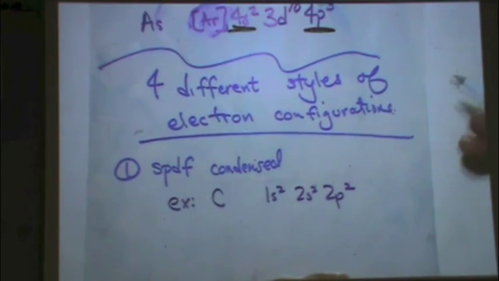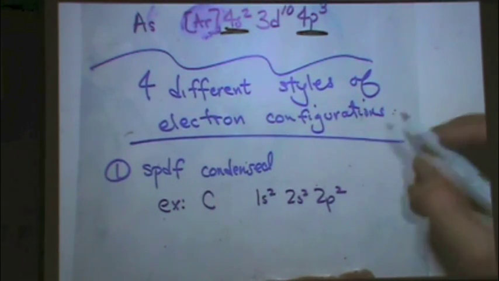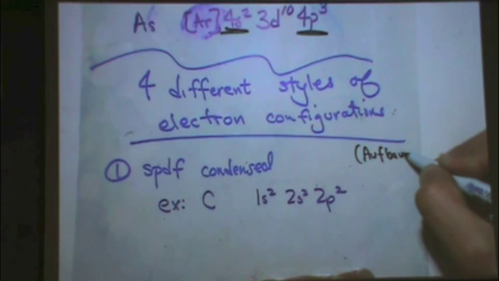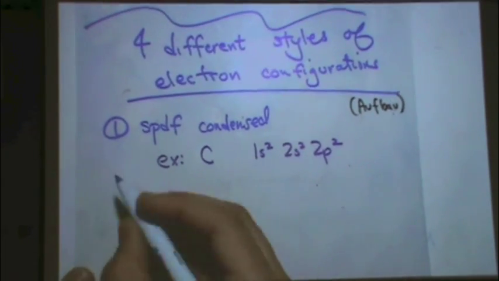And by the way, this process of writing an electron configuration is called the Aufbau process. When we're filling up electrons in the electron configuration, we call that the Aufbau process. It's a filling process of putting electrons into the correct orbital. Okay, that's the SPDF index.